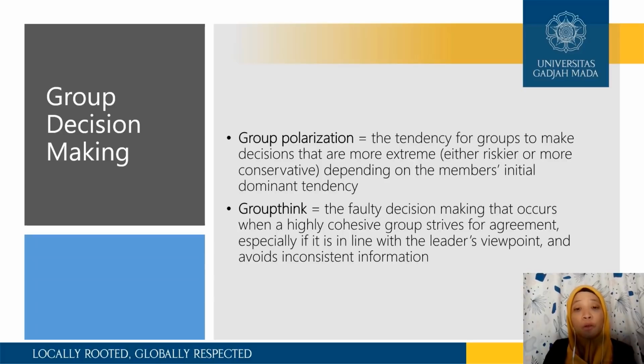But the decision that the leader takes might actually not be correct, or might be risky, or a bit harmful for the other group members. That's why it's called groupthink. This is the faulty decision making that occurs by following a very charismatic or strong leader in the group.